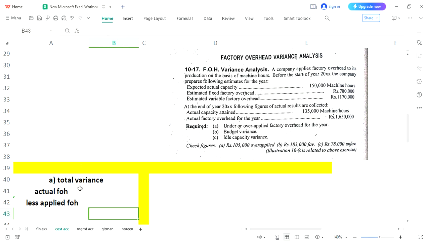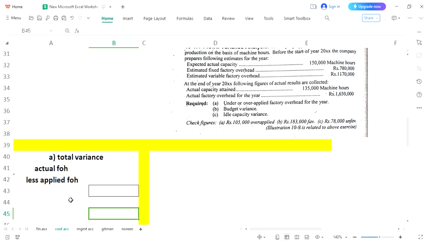Alright, so this is your first requirement. See over here, under or over applied. For under or over applied, you will calculate total variance, which is between actual and applied FOH. And then you will write your conclusion, whether it is under or over. For that we have made a rule.